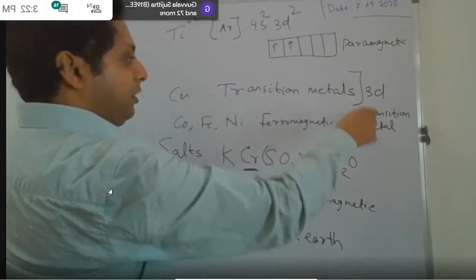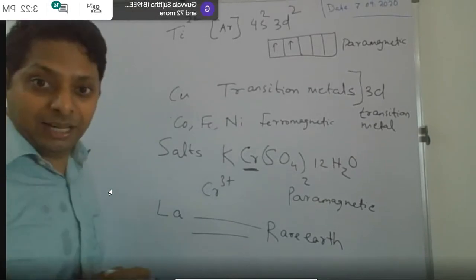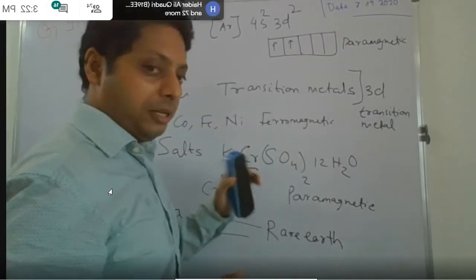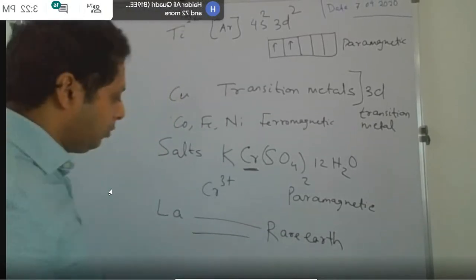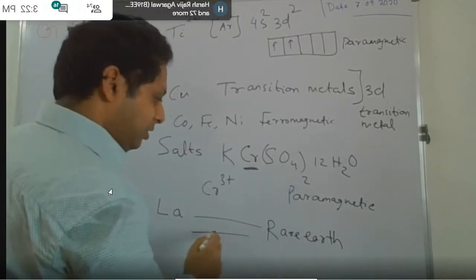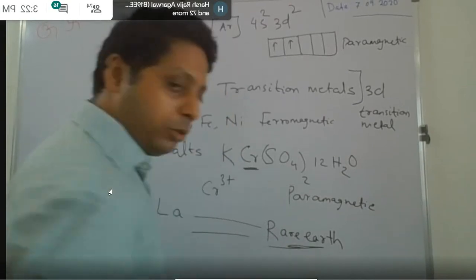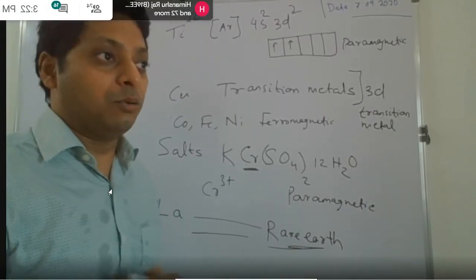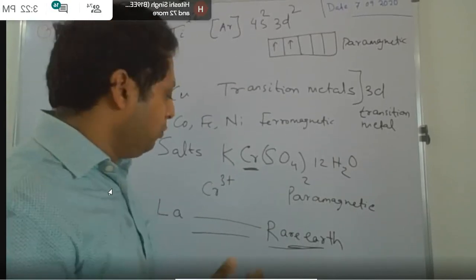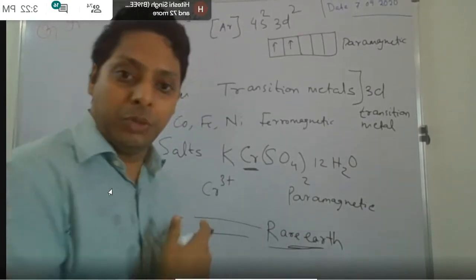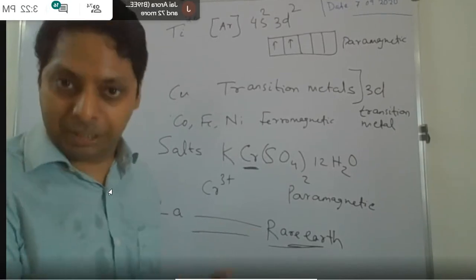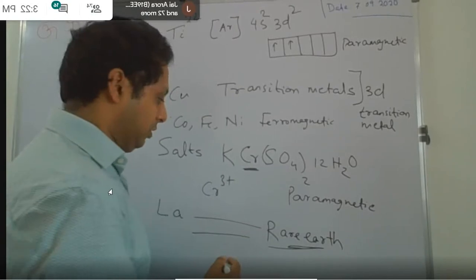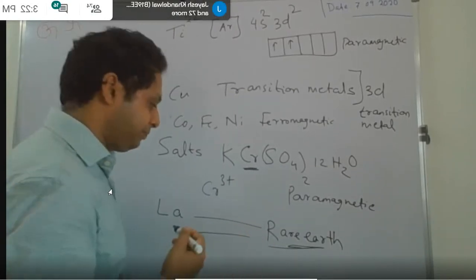So they are very important in magnetism. Similarly, the rare earths are one of the few groups of atoms which give rise to a very high magnetic moment, and that's why they are also used quite a lot in magnetism.